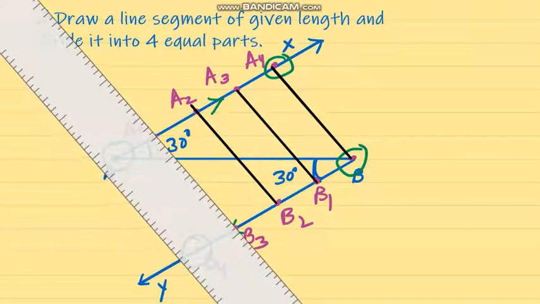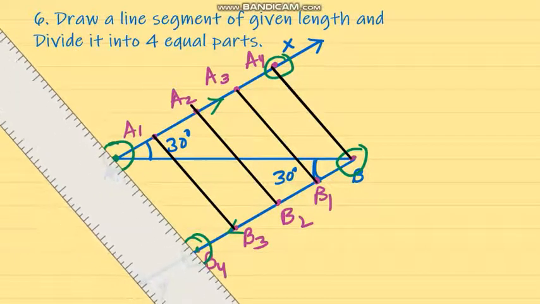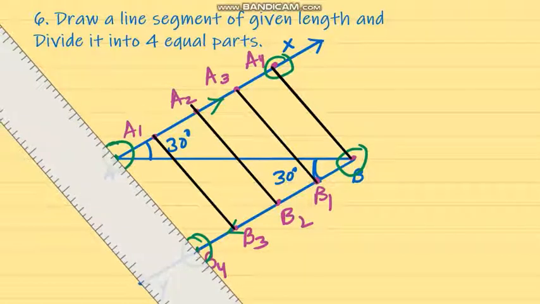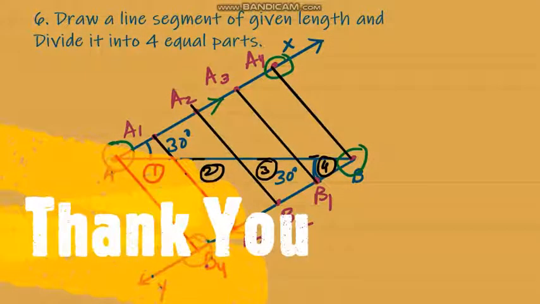Then B3 to A1. And then A to B4. So you are getting 4 parts. See, this is part 1, part 2, part 3 and part 4. So this is how you will divide a given line segment into 4 equal parts.